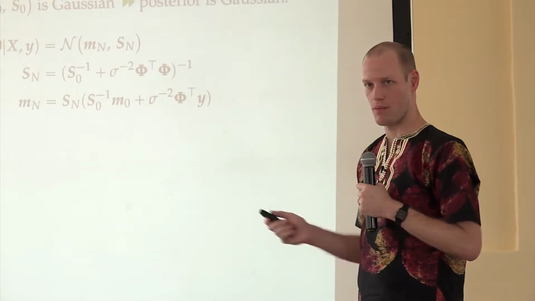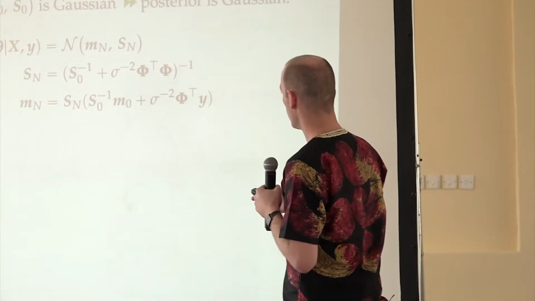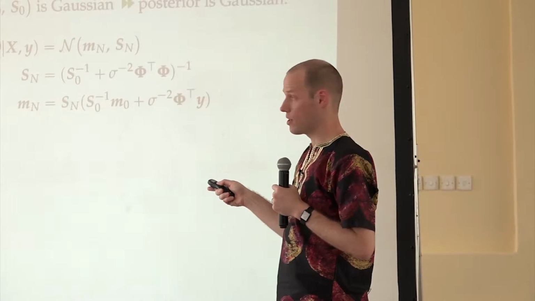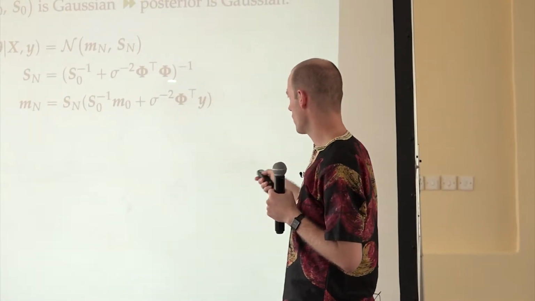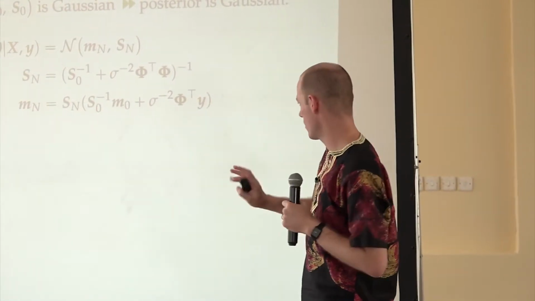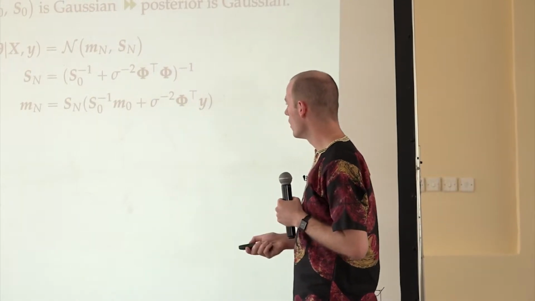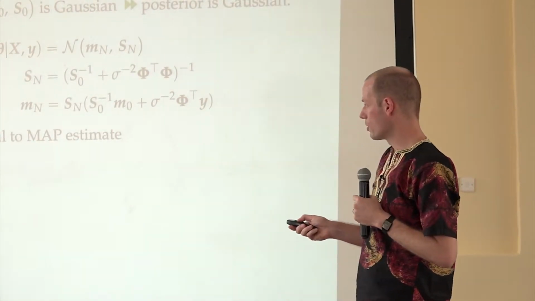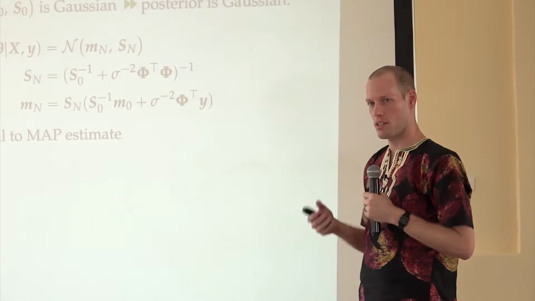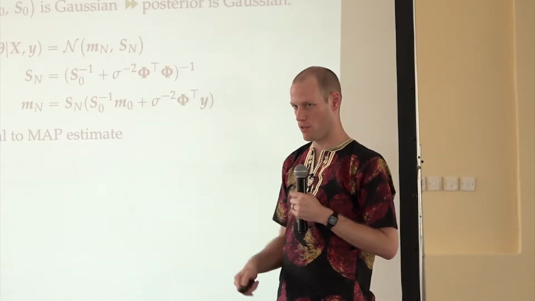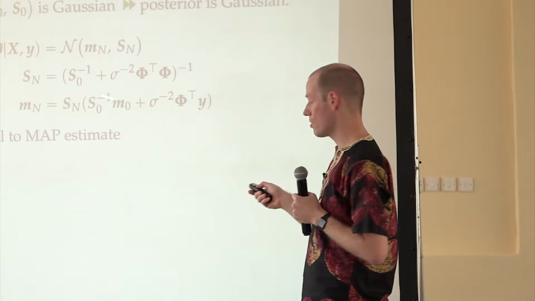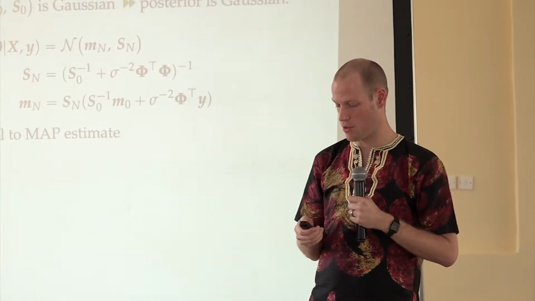The posterior distribution on the parameters we're interested in is Gaussian, with this variance and this mean. The important point is that the mean is identical to the MAP estimate. If you know the MAP estimate, you have already computed the mean of your Bayesian posterior distribution.